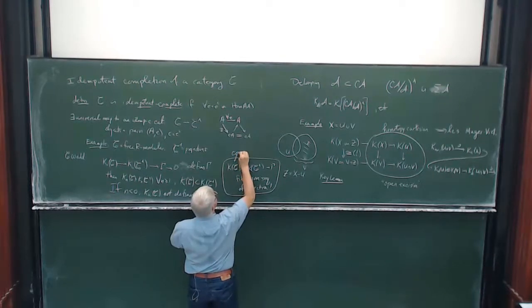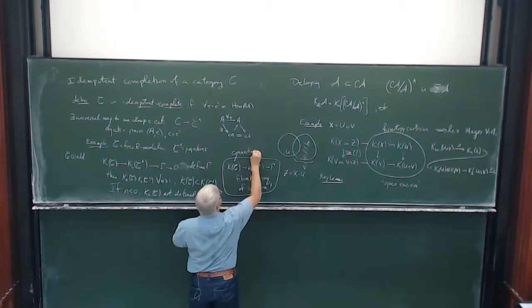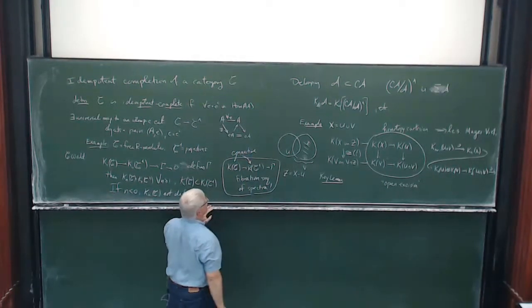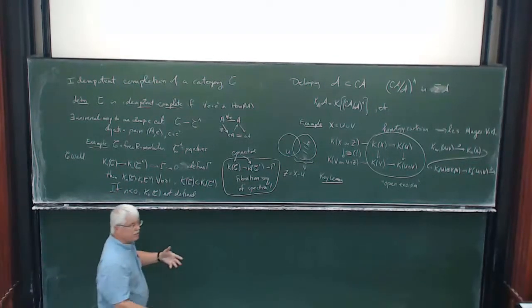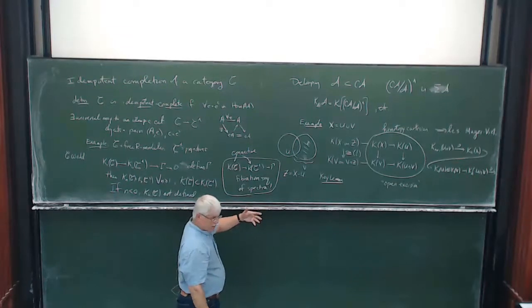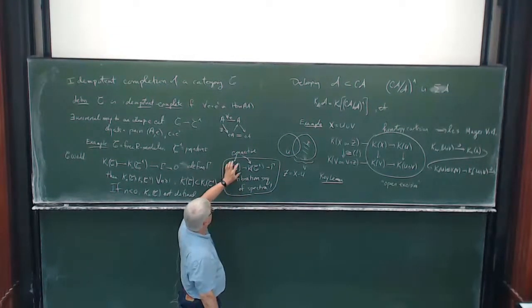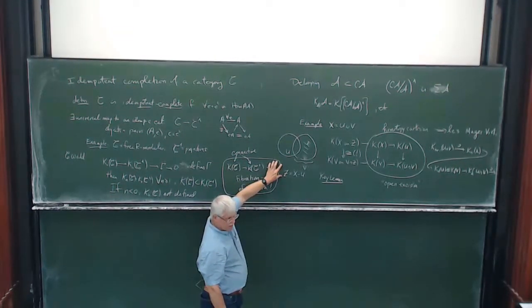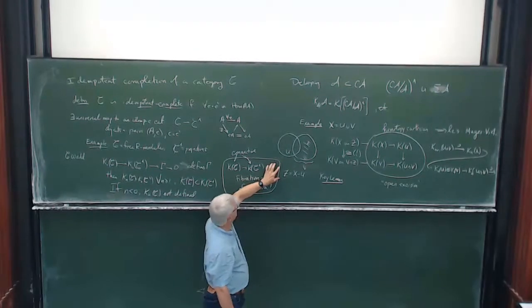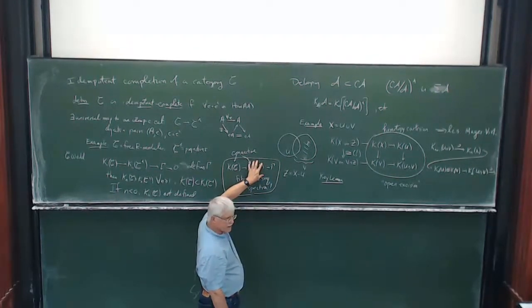So there K was the non-connective, right? If you try to extend this to negative K groups, then you run into serious problems. This is not defined for negative K groups. This, of course, should be 0 for negative homotopy groups, and then this is probably non-zero in general.